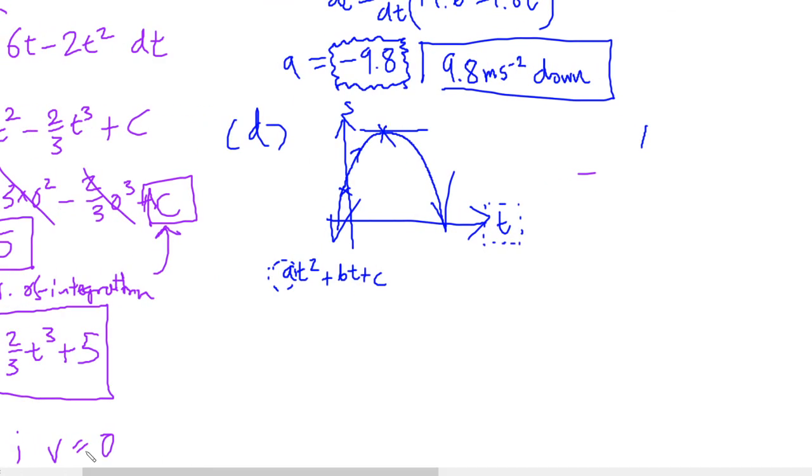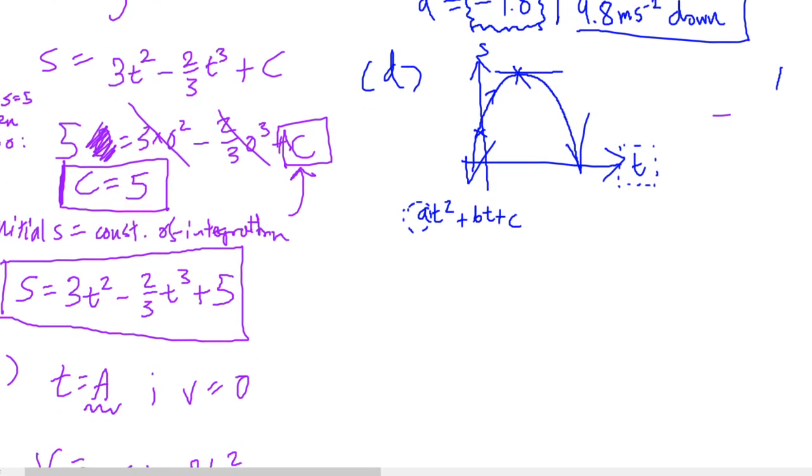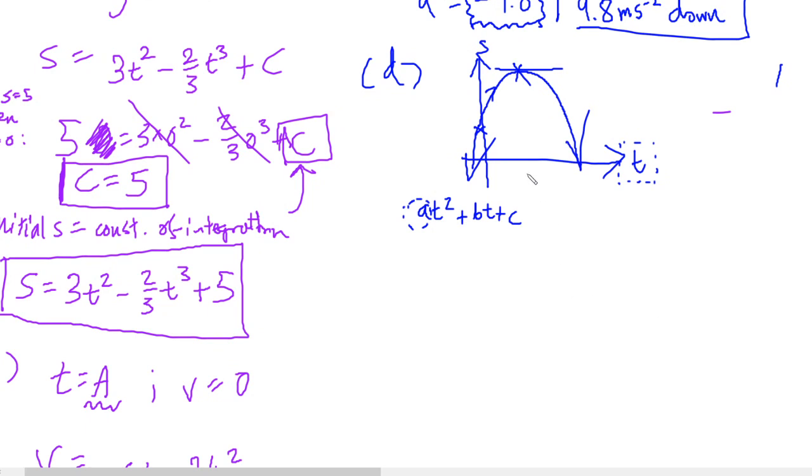What we're going to do here is the kinematics way, by finding the time at which velocity is equal to 0, because this rate of change, this gradient of s, would be 0, as it's a horizontal tangent line. And then we're going to use that value of time, t0, to get a maximum height.